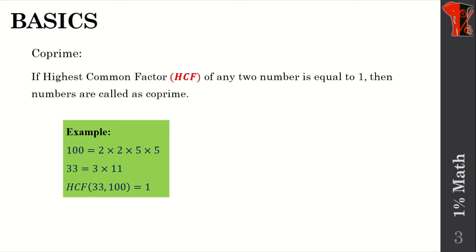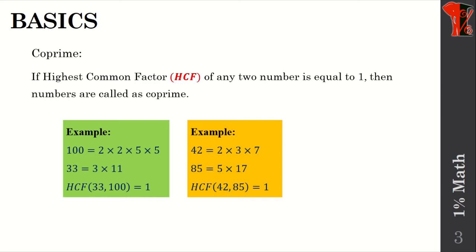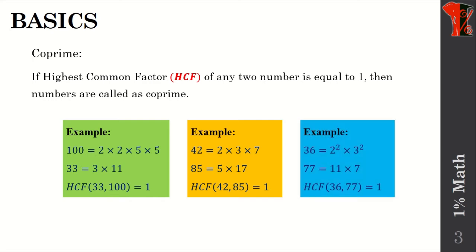Let us see another example, 42 and 85. Both are having many factors, but the highest common factor of 42 and 85 is equal to 1. The last example, 36 and 77. Even here we are not finding any common factors other than 1.